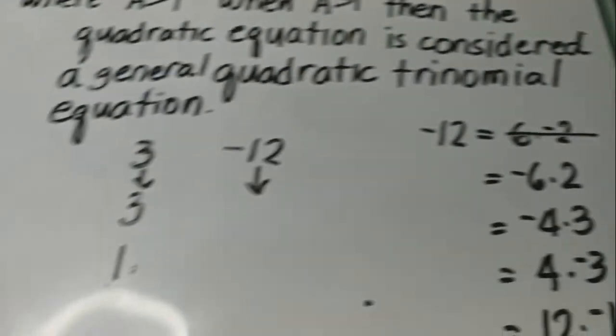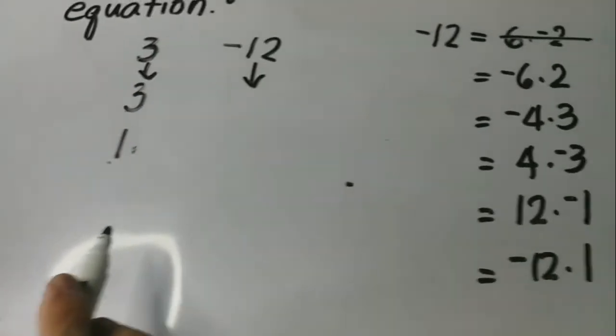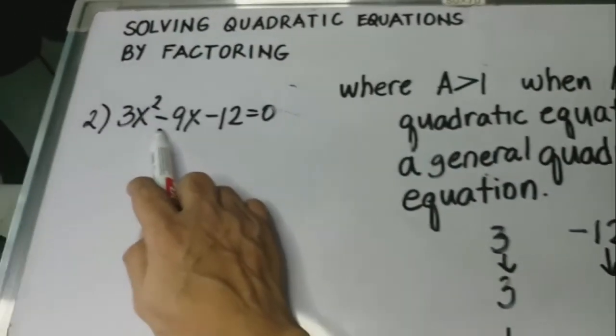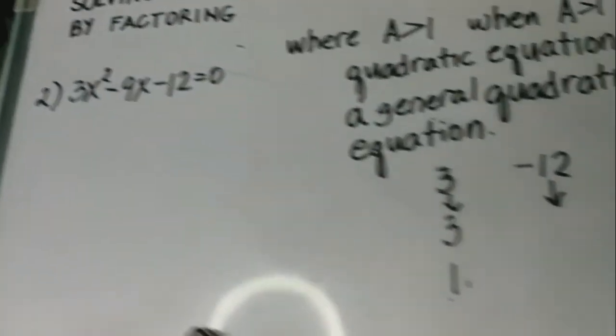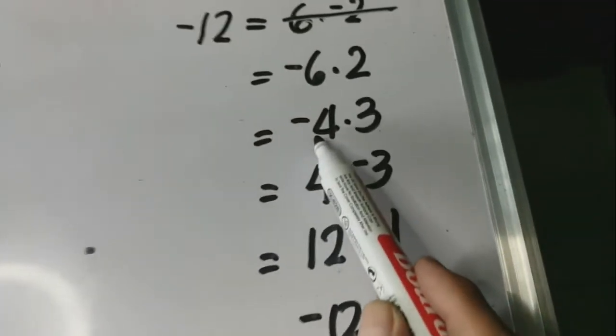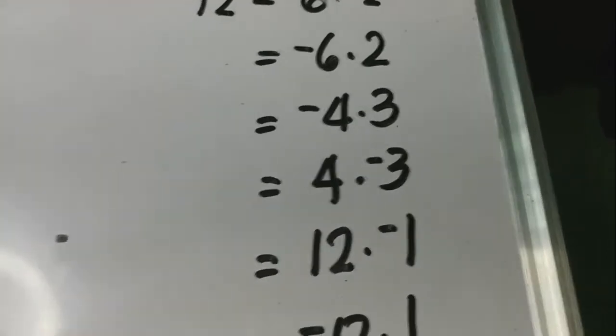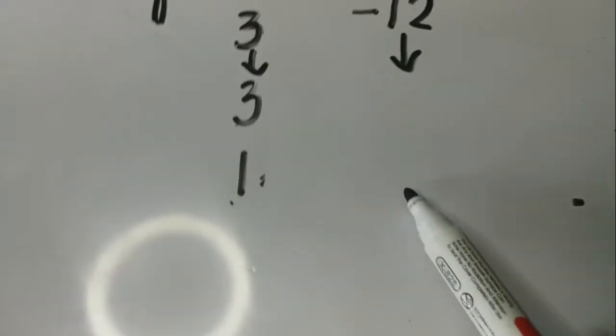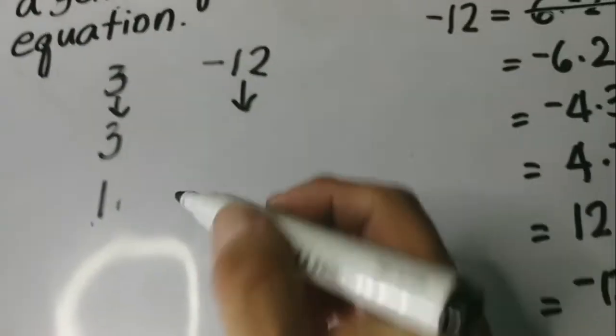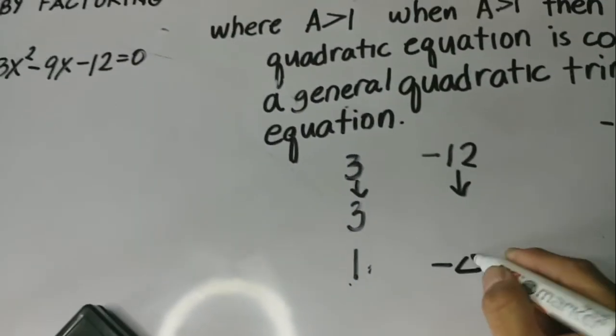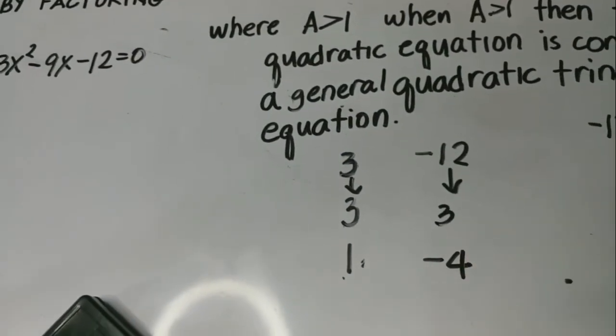So, let's try using common sense. If this is negative 9, then let's try using negative 4, multiplying it by 3, this is negative 12. Let's try negative 4 and positive 3.